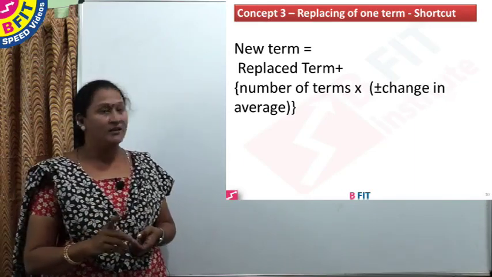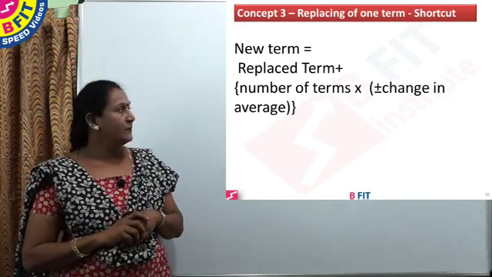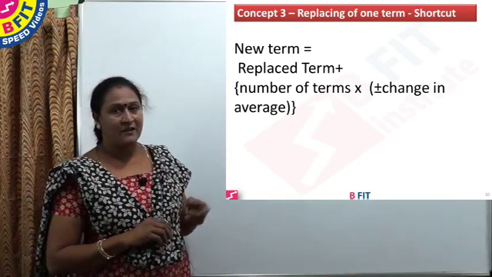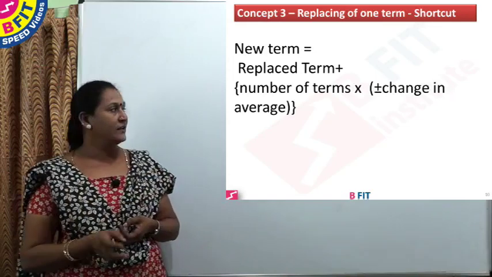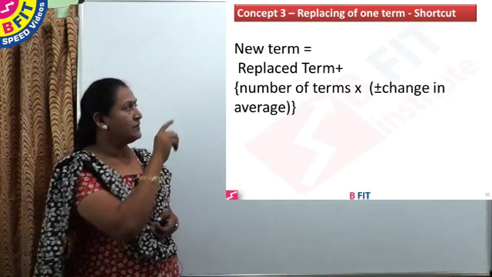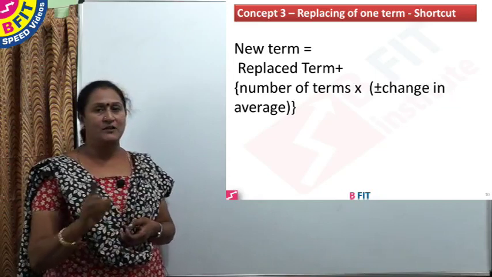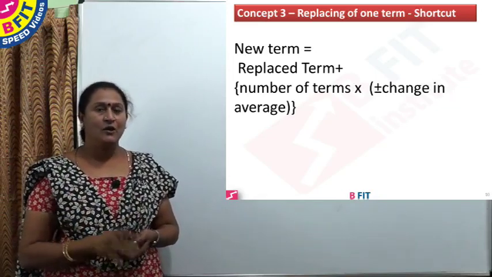Please note two concepts here. Whenever you are replacing a term, the number of terms will always be the same, and the change in average is positive if it increases and minus if it decreases. So we'll see the next concept, wrong entries.